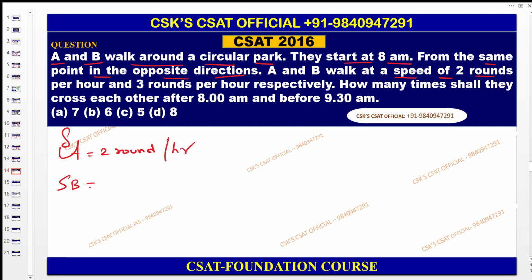The speed of B here is 3 rounds per hour. Opposite direction, that is the key here. Opposite direction means what is the relative speed? Relative speed is u plus v. You need to add up, 5 rounds per hour.